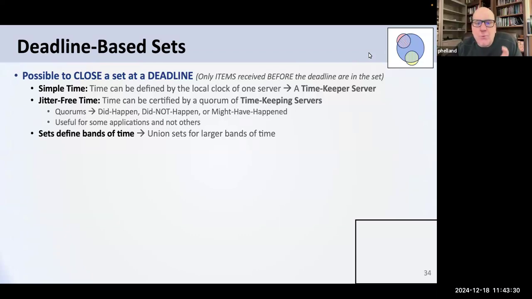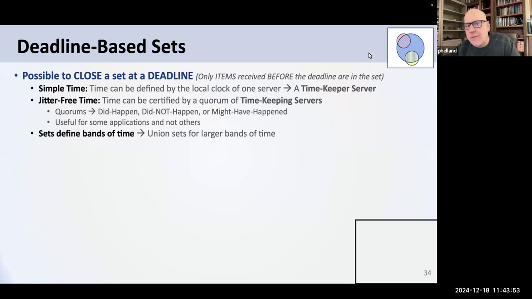If you want to adjudicate what made it in what epoch, what window of time, if you want that perfect truth of this is exactly what made it, and this is exactly what didn't, you can choose to have a timekeeper server. And it takes whatever it got when its time is in this window of time, and it closes that set, closes that epoch at that point in time, and says, here is what made it and here's what didn't. That's one technique.